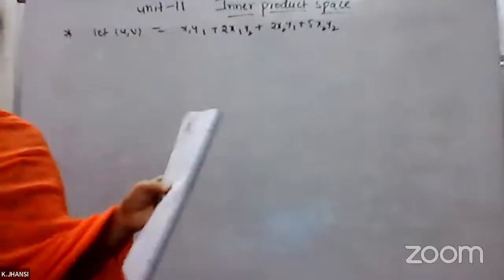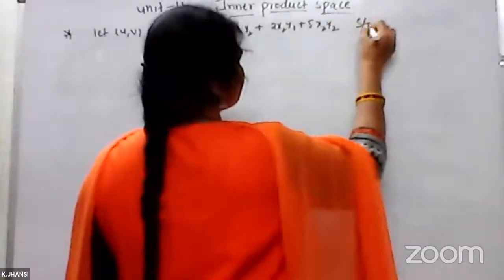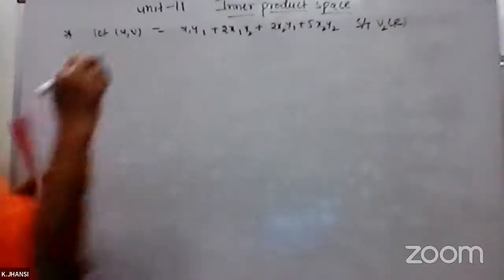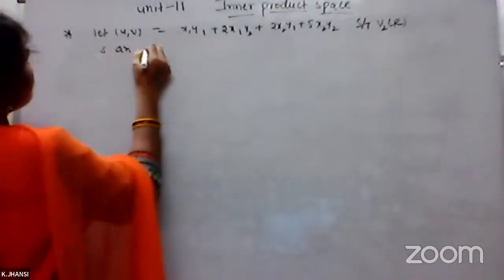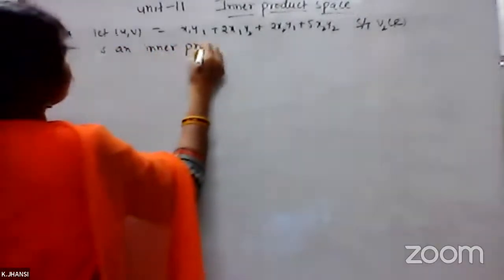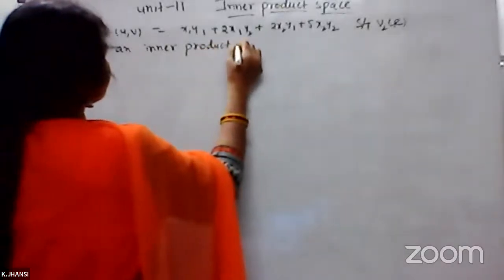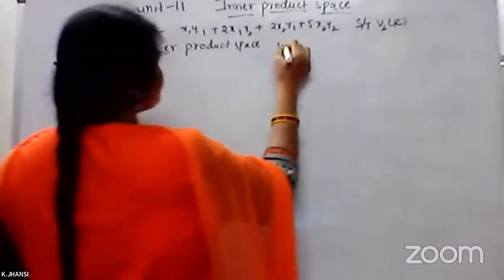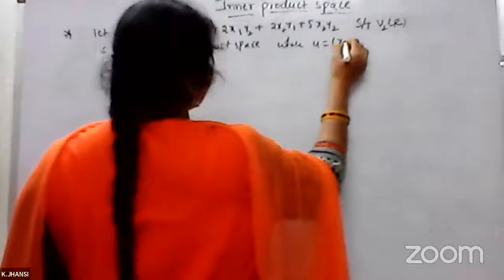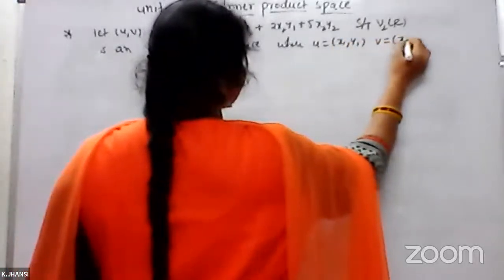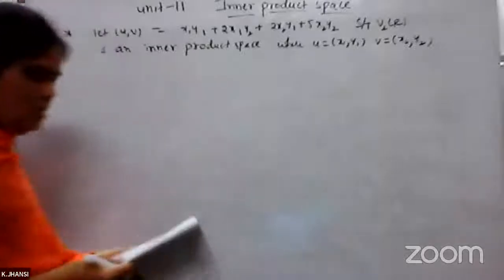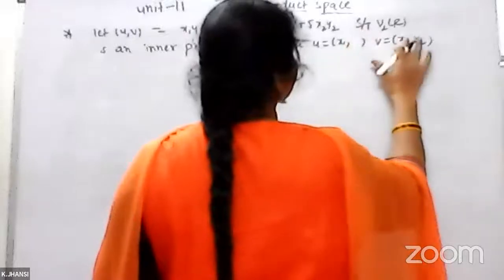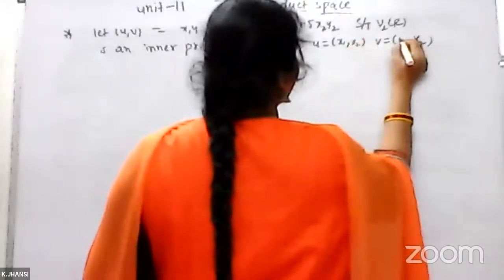Show that R2 is an inner product space, where u equals (x1, y1) and v equals (x2, y2).